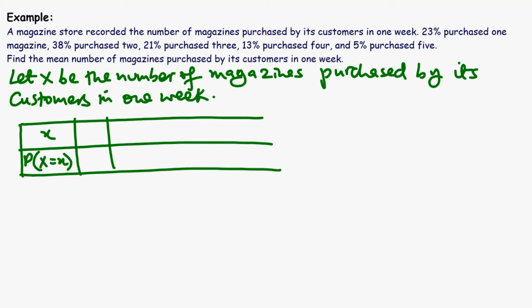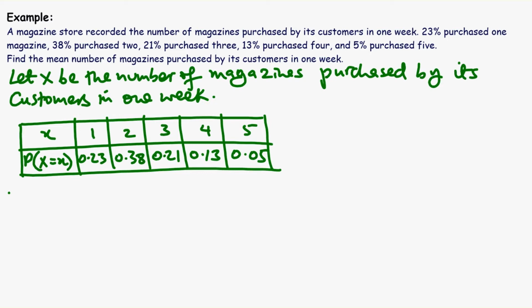The values that x can take here are 1 magazine, 2, 3, 4, or 5. Then the corresponding probabilities are 0.23, 0.38, 0.21, 0.13, and 0.05.